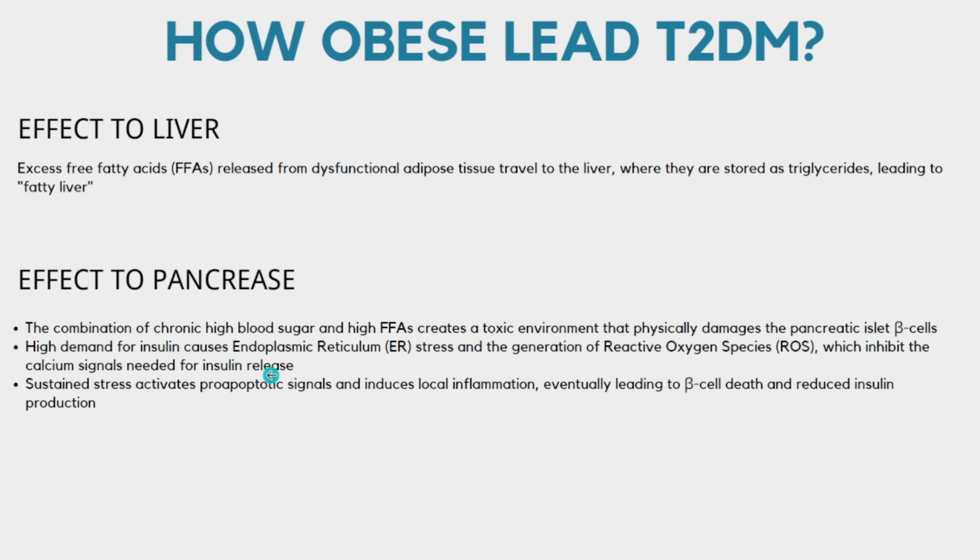You want the beta cell to release insulin, it requires calcium signal. But this calcium signal is already inhibited by the ROS. So it will induce local inflammation, causing your beta cell to die. Once your beta cell dies, insulin cannot be produced anymore. So it is actually a cycle, cycle and cycle, a bad cycle.